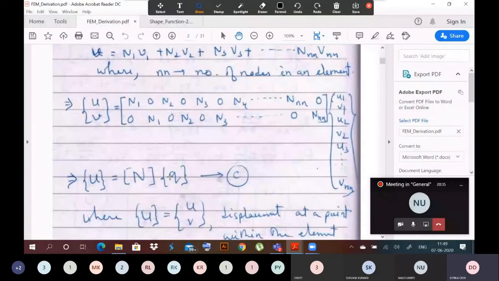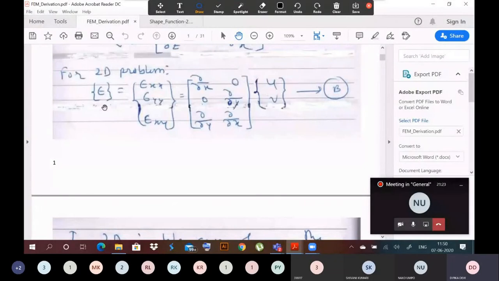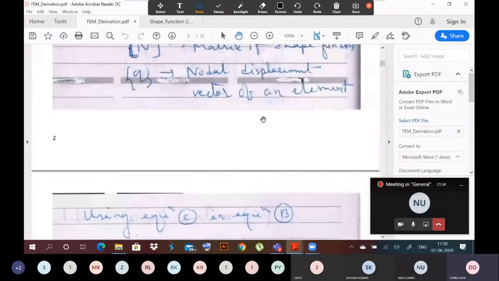So this UV I have written as vector U. So epsilon can be written in terms of this, and this can be replaced by equation C. So if I replace by equation C, what will we get? Here you see. I have replaced UV in this equation, in terms of UV in equation B.